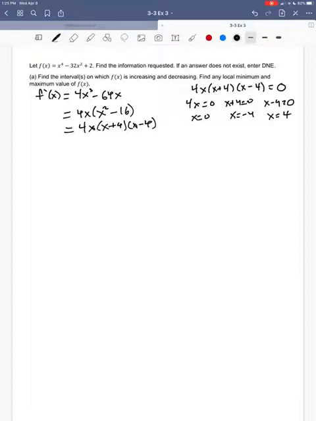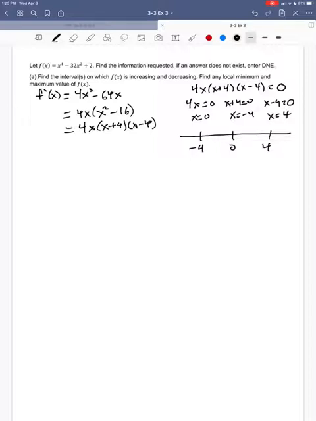Now, I need to decide where this overall derivative is positive and where it's negative. These are where the derivative is equal to 0. So if I go around these numbers, that's where it's going to be positive or negative. And so I can sort of think about this on a number line. I'm going to have 0 in the middle, negative 4 over here to the left, positive 4 over here to the right.